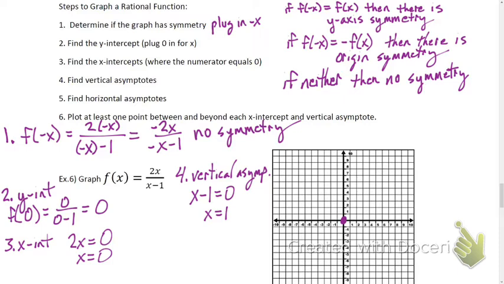So on my graph, I'm going to make a dotted line up and down going through 1. Hopefully that stands out. Sometimes it's hard to see these when you're drawing over a black line.